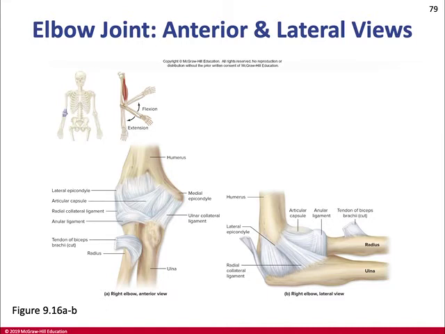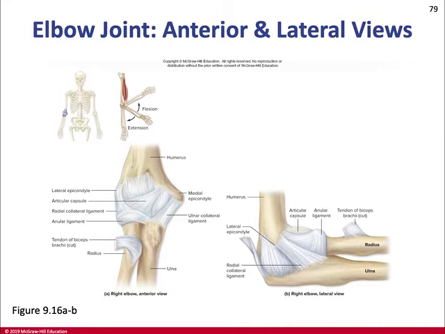And again, this is a perfect example of a joint whose range of movement is dictated primarily by the shapes that fit together in the bone, but the ligaments also contribute quite a bit to the stabilization of the joint.